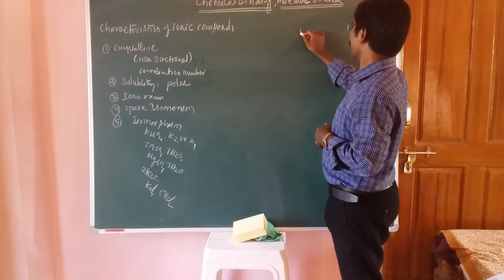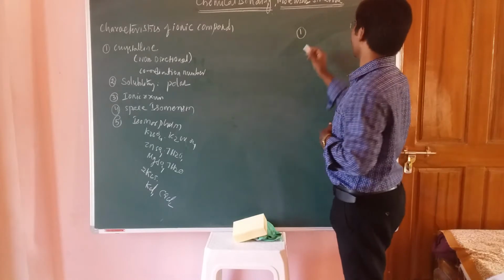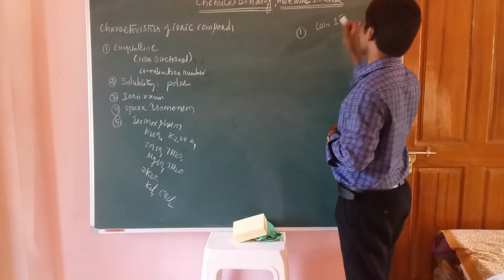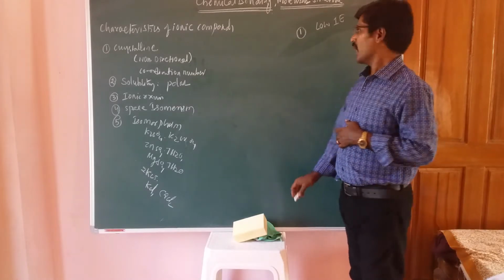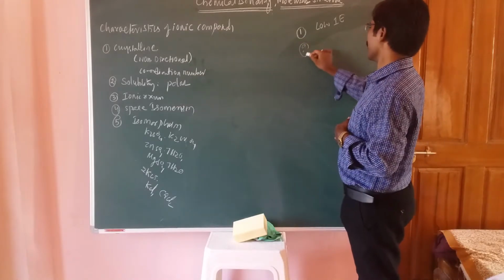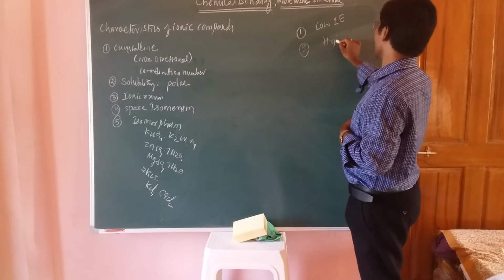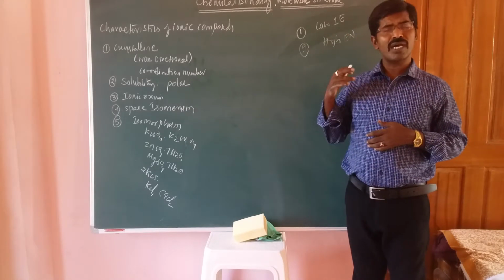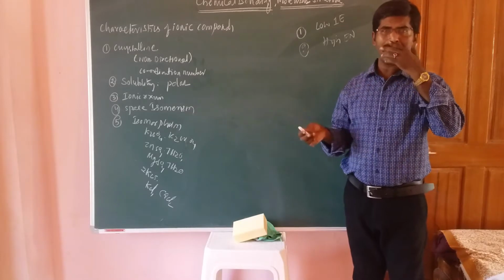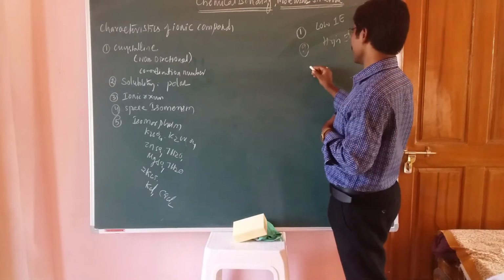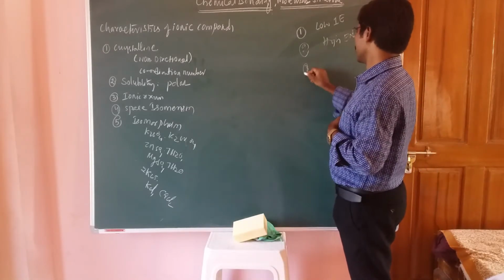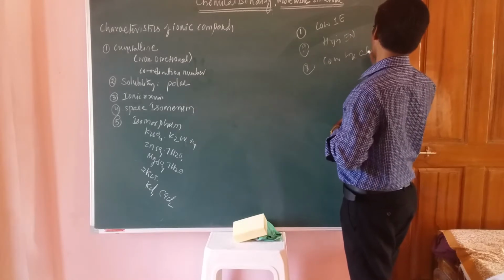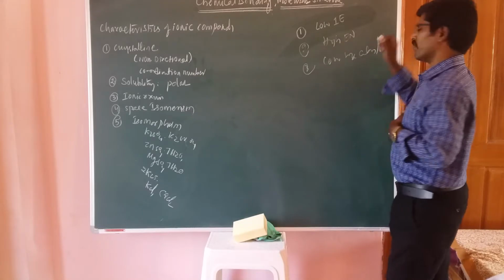The favorable factors are low ionization energy, which is one of the important energies, and next, high electronegativity. So lower ionization energy and higher electronegativity. The third one is small size of the cation and large size of the anion.